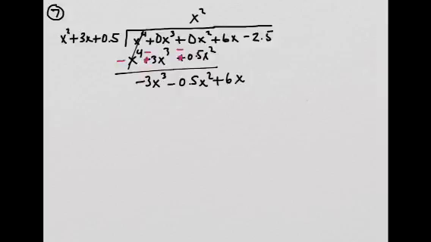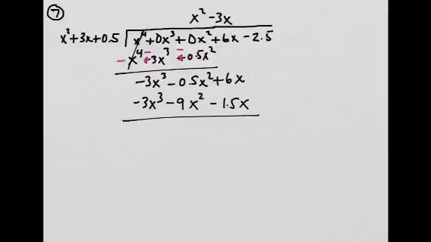So that would be negative 3x. So now we multiply negative 3x cubed, negative 9x squared. Then negative 3x times 0.5x is negative 1.5x. Okay, we're adding the opposite because we're subtracting, so all of these become positives.